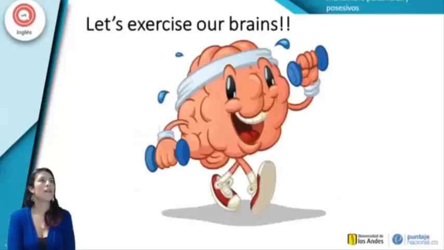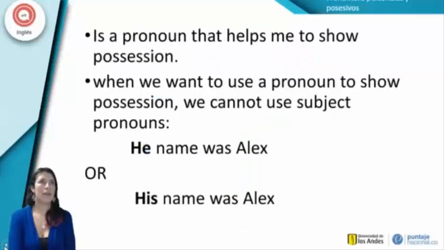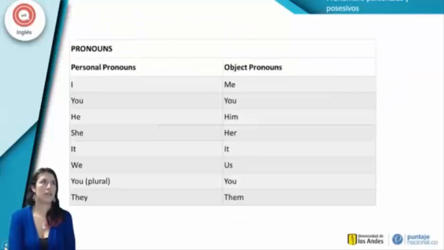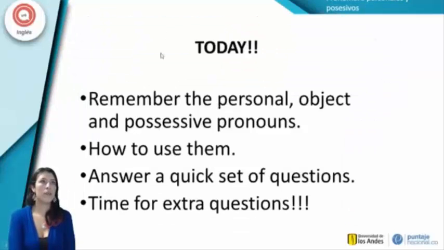Okay? So I want us to go back to what the objective of today was. The objective that we had today was to remember the personal, the object, and the possessive pronouns. So the personal pronouns are the ones that refer to the person that we are talking to.